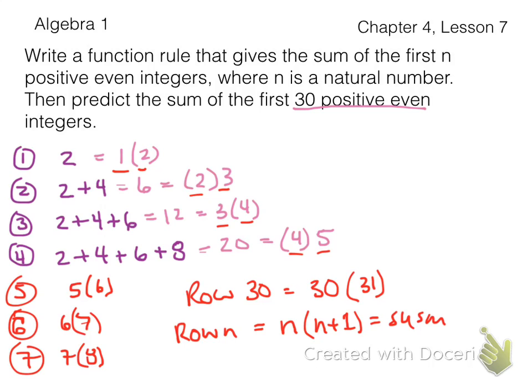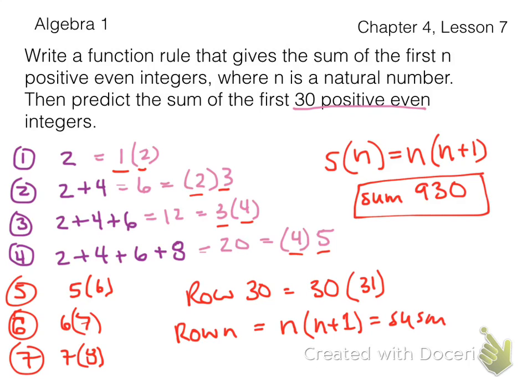So if we have the sum of n, well, that's going to be n times n plus 1. There we go. Alrighty. So if we needed to do 30, again, it would be 30 times 31, which would be that on row 30, the sum would be 930. Okay? So again, this is the function rule.